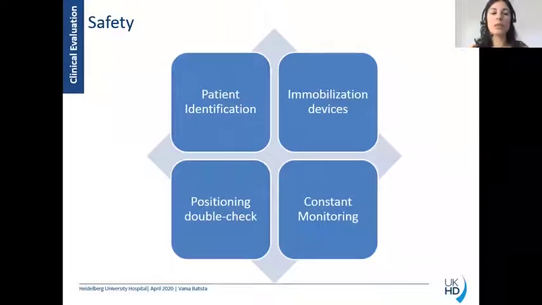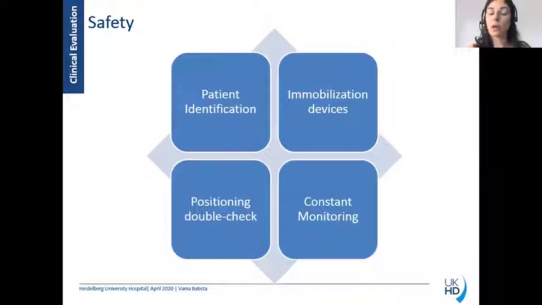So one of the important points that now appear with Align RT Advanced is that you can improve your safety. You can use Align RT Advanced for patient identification, control of the immobilization devices, and the positioning double check, like a second RTT in the room.